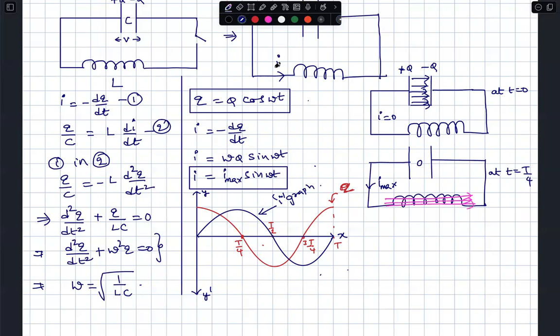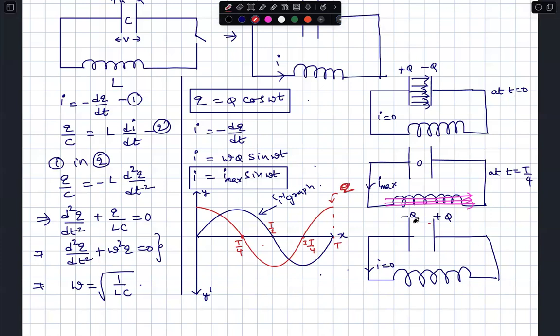And again, thereafter, what is happening? Almost the current becomes 0, and the charge polarity in the capacitor gets reversed.